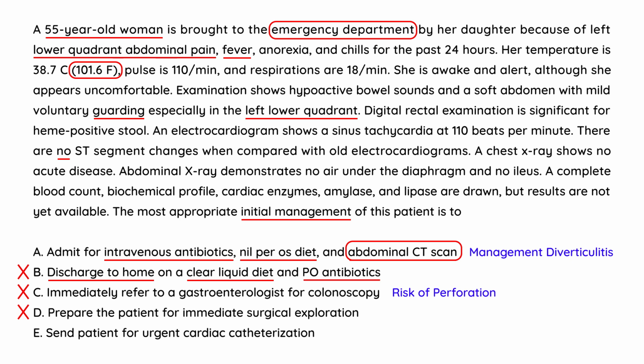That's just irrelevant because they're talking about cardiac, and there's nothing here. See, there's no ST segment changes, so it's not really an acute cardiac event. So by process of elimination, it's A, and A definitely is the right answer because IV antibiotics, NPO diet, and abdominal CT is definitely the management of acute diverticulitis.